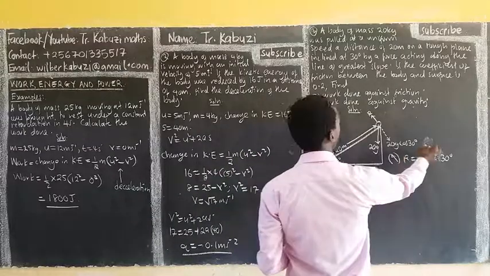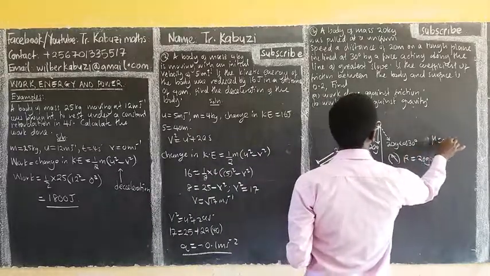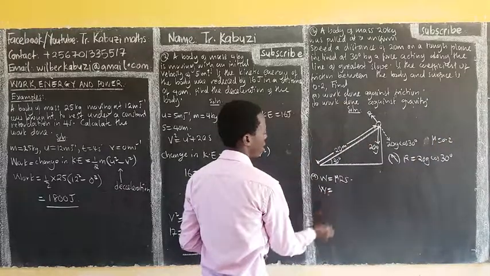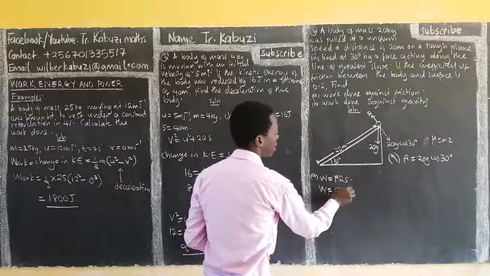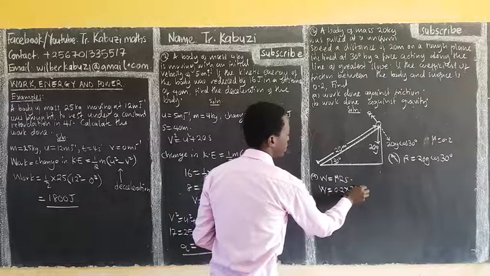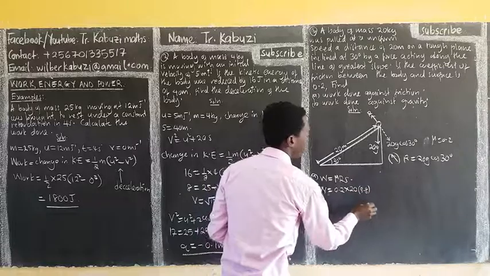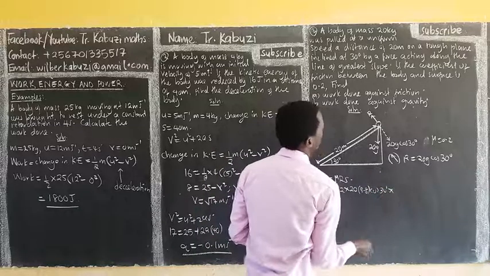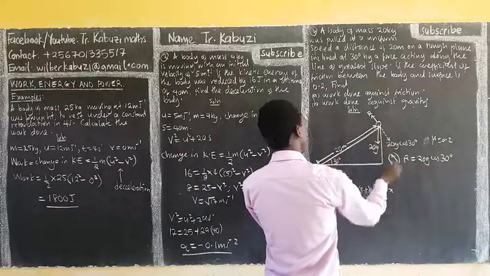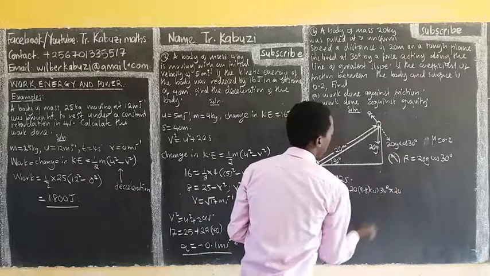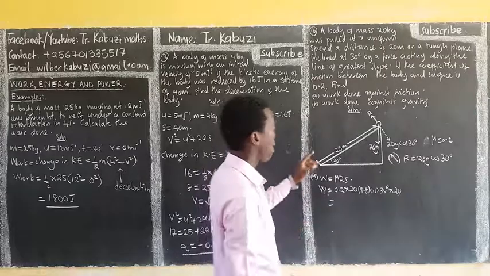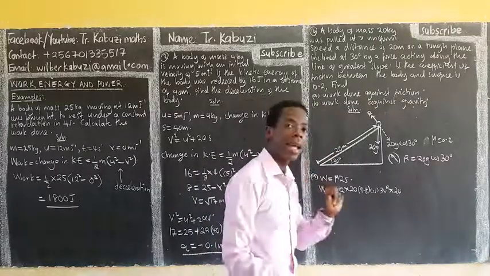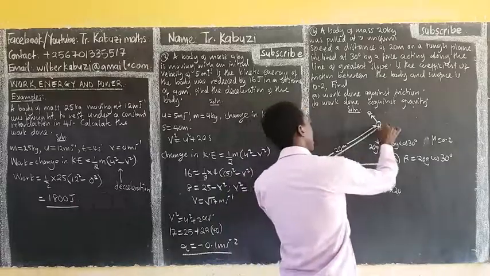They give us mu as 0.2. So then we substitute. It's going to be 0.2 times 20 into 9.8 cos 30 degrees, then times the distance moved, which was 20. For work done against friction, you use the distance covered.